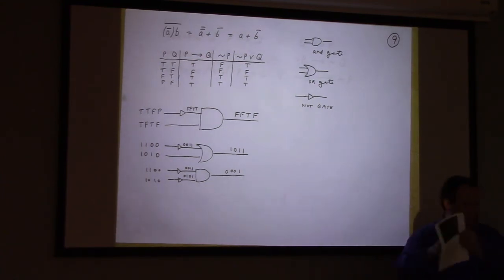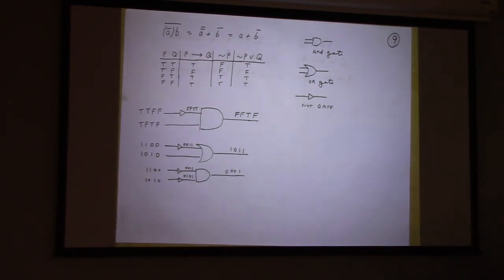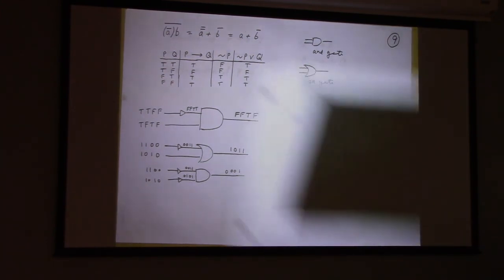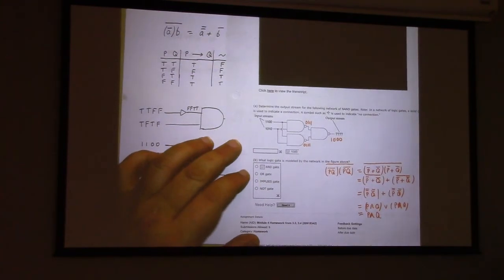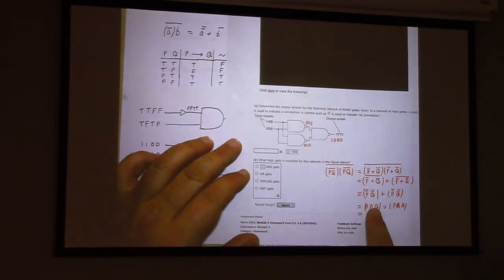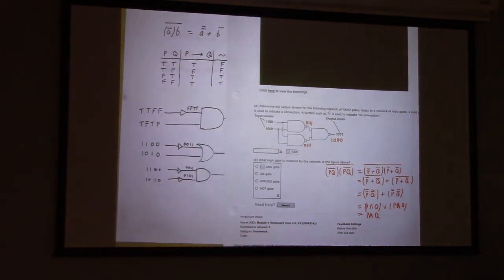So is it part A of the last one? Yes. Let me see if I can do that. That is this one? Yeah. All right, so let me try to work through, well, I've kind of worked through it here already, right?